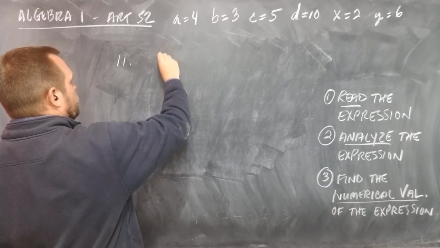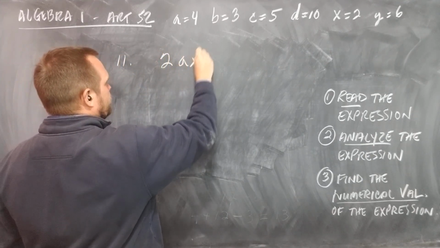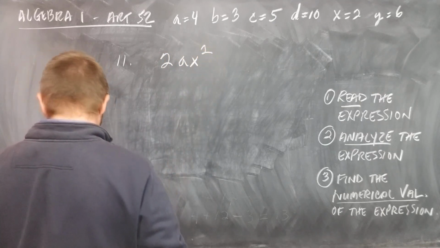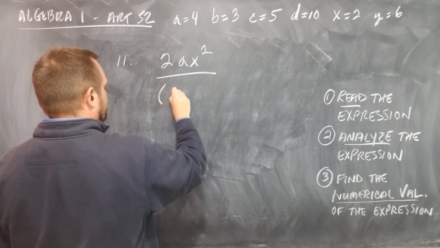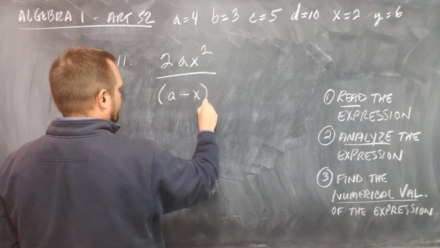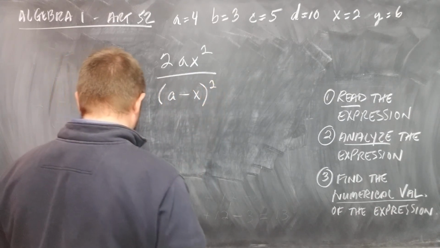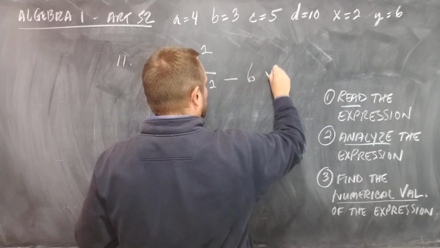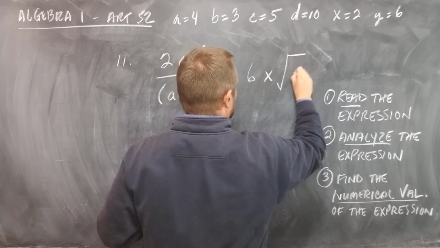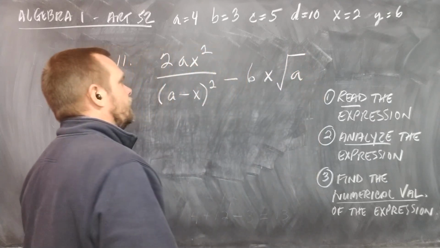We have 2ax squared divided by, in parentheses, a minus x squared, minus 6 times x times the square root of a.